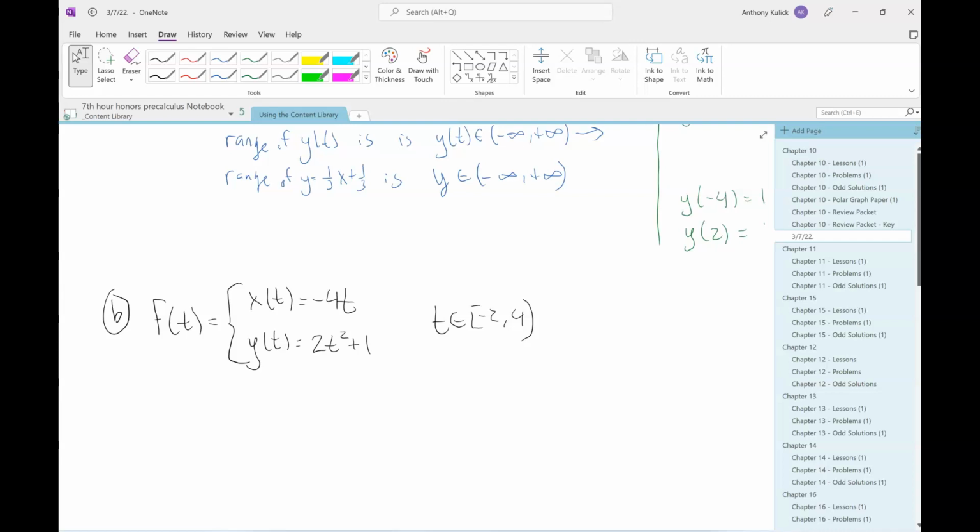So right away, hopefully you notice two things should stand out to you when you look at this. Do you guys notice anything here that's decidedly different as a detail than the previous example, Lily? The y and y of t squared. Yeah, so we have a different kind of function for our y equation. Very good.